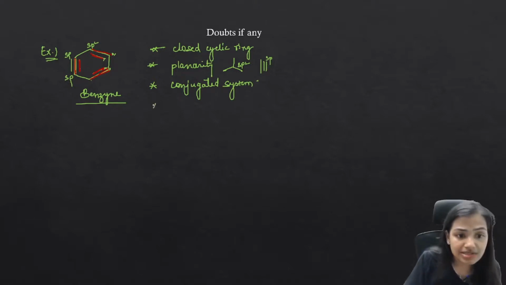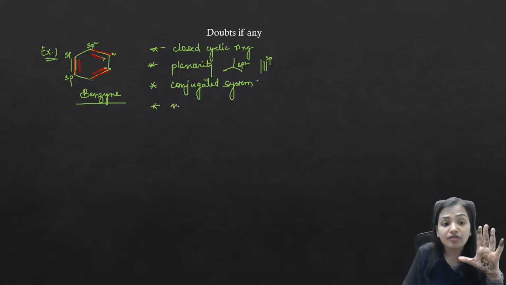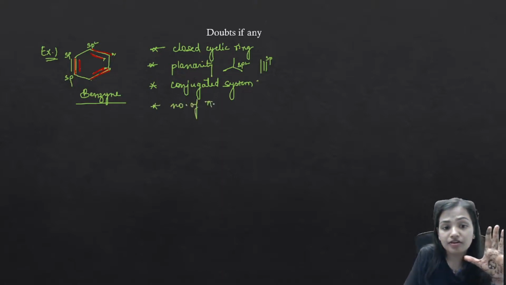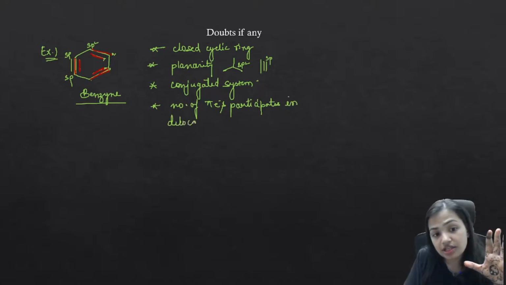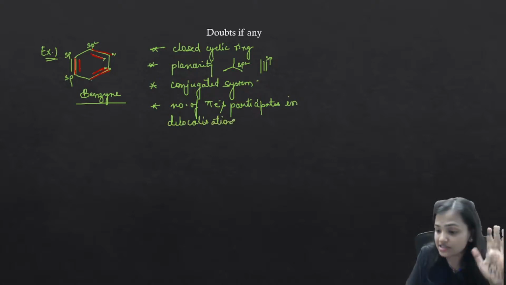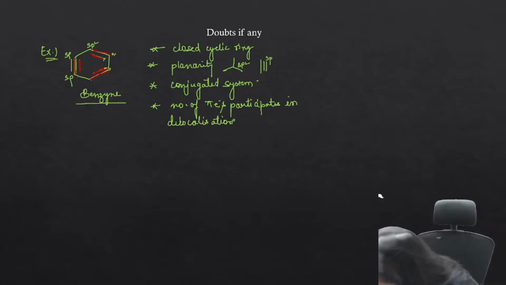The last point says that the number of pi electrons that participate, please listen carefully, in delocalization. Now how many electrons are participating in delocalization? Anybody tell me?